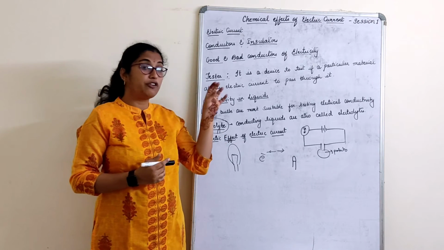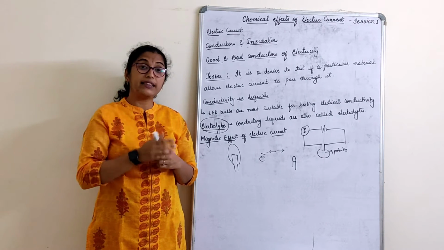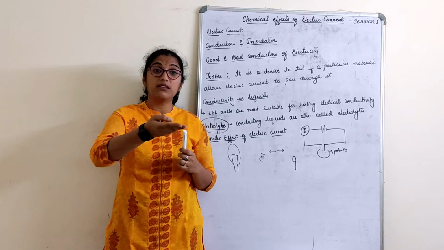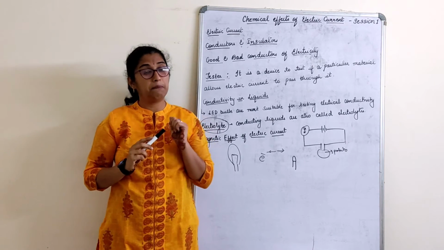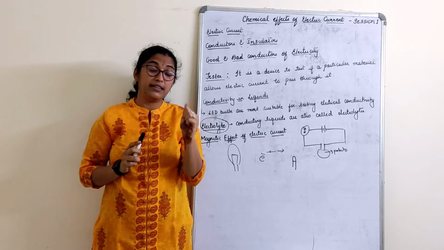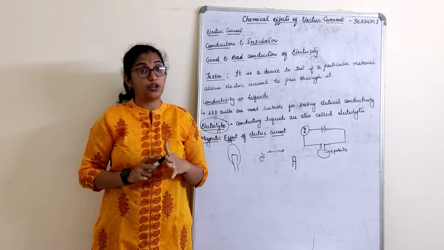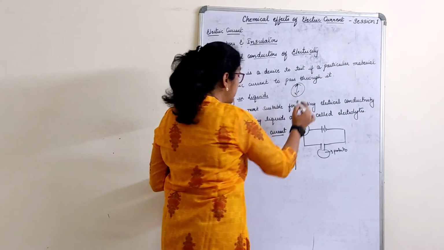Suppose you have put your mobile on charging and the wire is there. If you take a magnetic compass near the charging wire, there is a small deflection in the magnetic needle kept aside. Suppose you have a magnetic compass and a bar magnet in your hand. This is a magnetic compass which shows north and south direction.